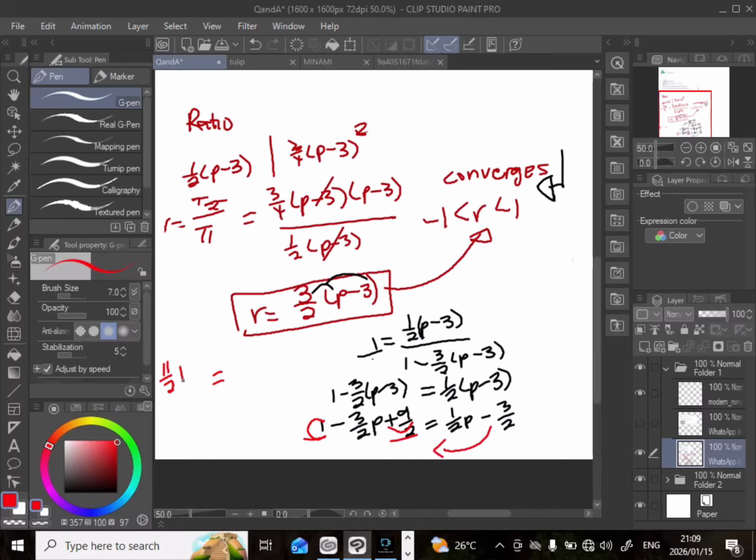It will be positive 3 over 2, and we will have now 14 over 2, which is just 7. And here we have half p plus 3 over 2p, which is just 4 over 2p. So now, which is 7 equals 2p, and the answer will be 3.5.